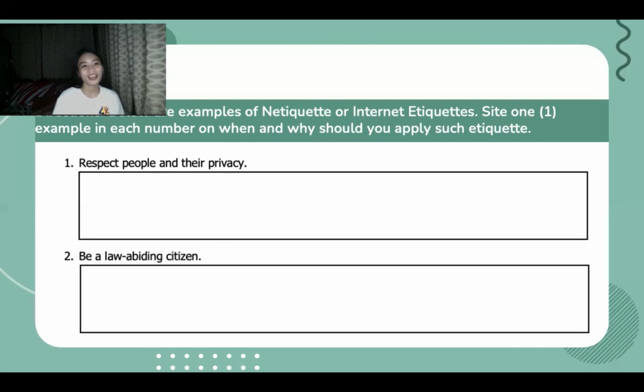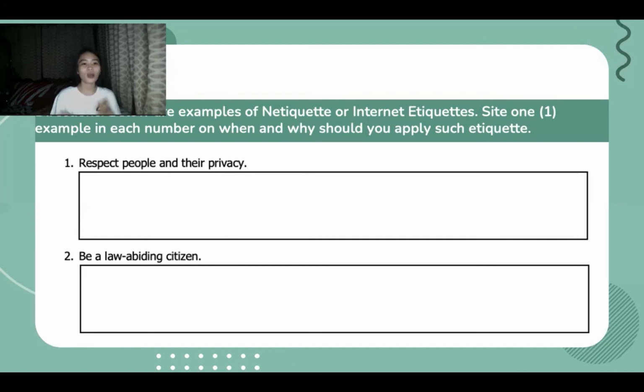Okay, so if I were to answer number one, I will say, when I should apply this etiquette is when I'm out of data load. My neighbor has his or her Wi-Fi and I'm trying to crack their Wi-Fi using my remaining data so that I can maybe use their internet.